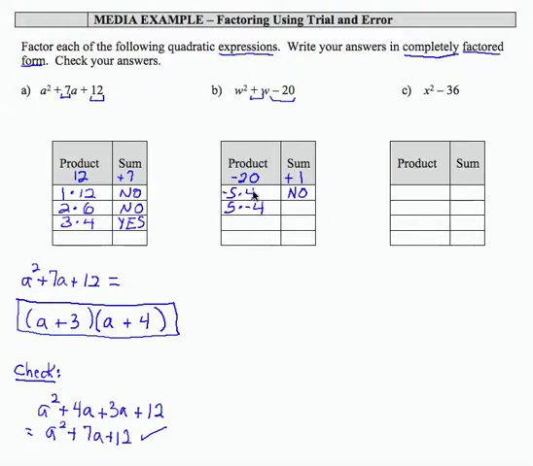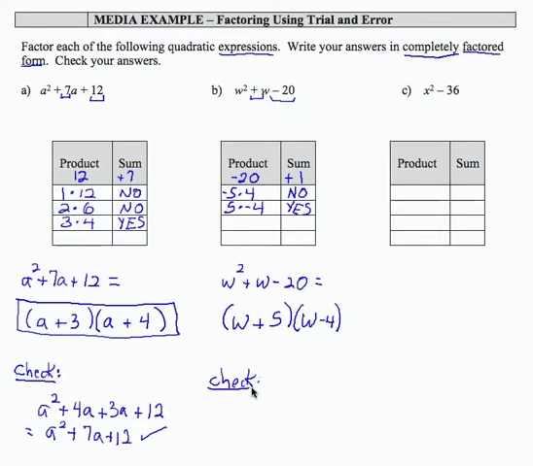That gives me a product of negative 20. 5 plus a negative 4 gives me a positive 1, so that does give me the sum that I want. So I'm going to try to factor w squared plus w minus 20 as w plus 5 times w minus 4. So let's do a check, see if that works.